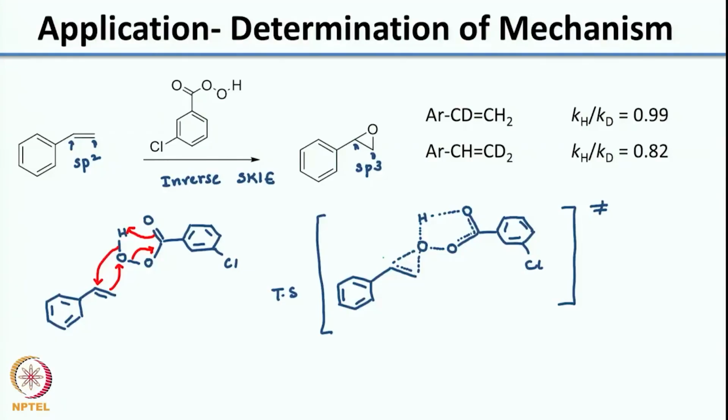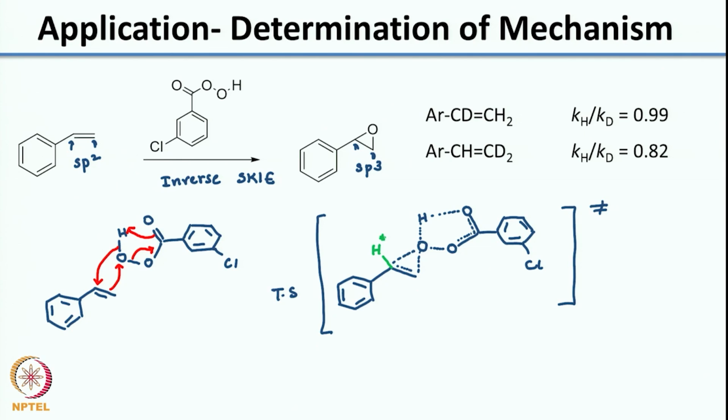In the first example you have isotopic substitution at this position. So, if I draw this CH here, you have isotopic substitution at this position. It is again a secondary kinetic isotope effect because this CH bond is not broken.